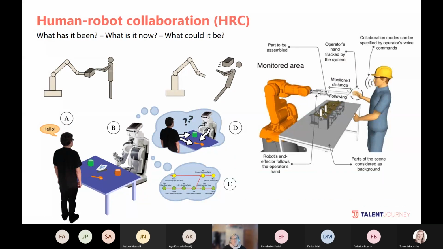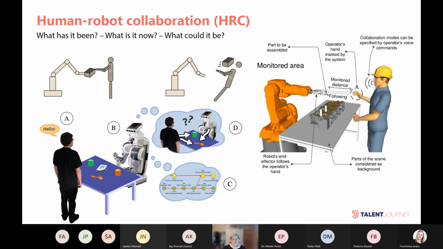What has human-robot collaboration been before? Maybe you know the abbreviation HRC. In this context, it means human-robot collaboration. So what has it been before? What is it now? And what do we expect it to be in the future? Before, there was no collaboration.